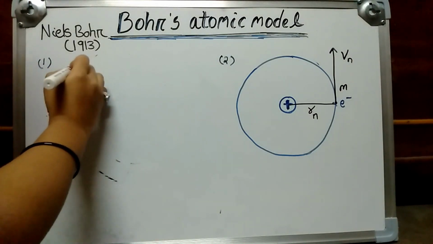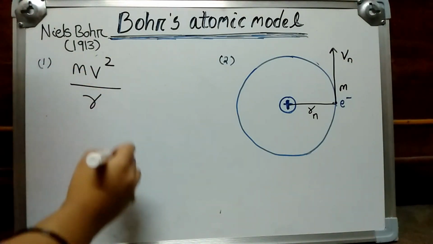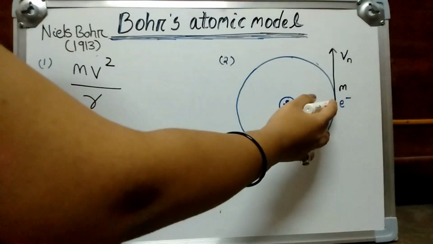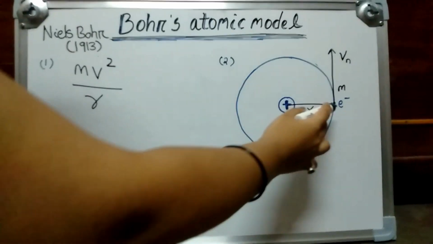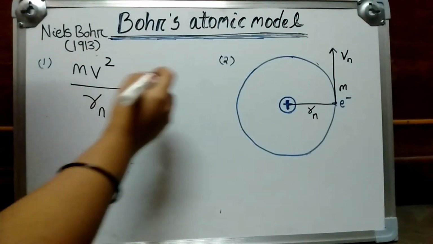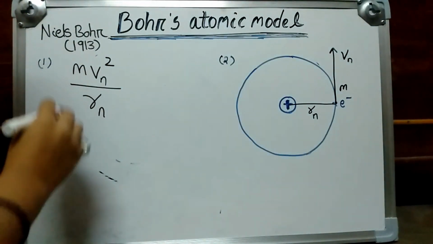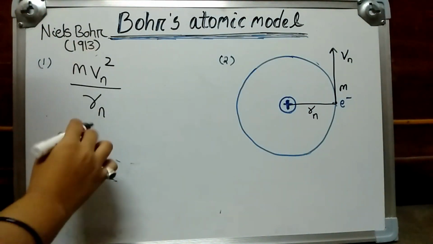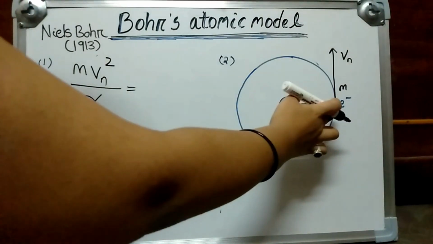We know that centripetal force is mv square by r. We take an electron in a particular orbit with radius Rn. If the electron is in the nth orbit, the radius is Rn, and the velocity of the electron is taken as Vn. So m Vn square by Rn equals the electrostatic force of attraction between nucleus and electron.